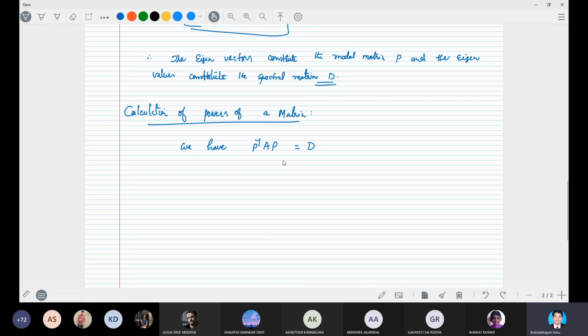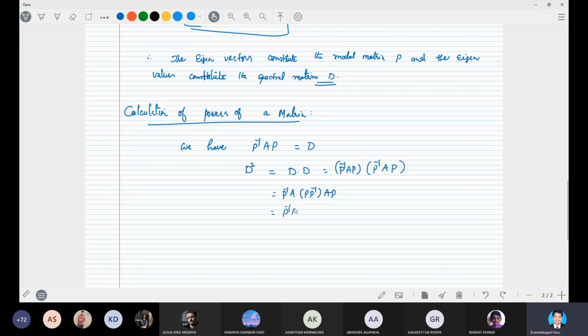D square is equal to D into D, that is equal to P inverse AP into P inverse AP, that is equal to P inverse A into P P inverse, which is I, into AP.